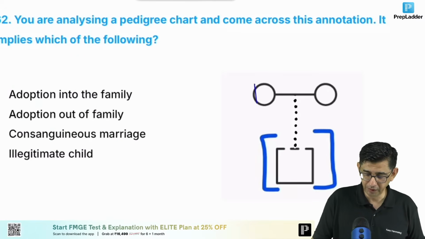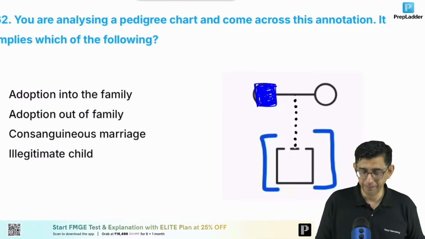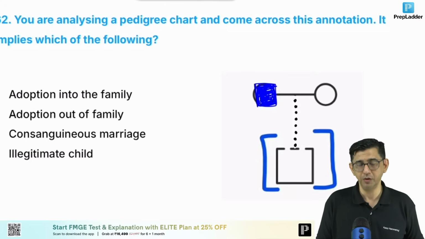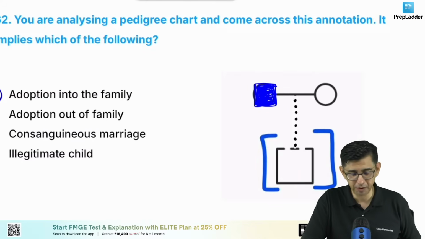In this particular case, the adoption part is there, but should we be saying adoption out of the family or into the family? The dotted mention means this is not their original child, it is an adopted child, and the brackets are also present. So the correct thing in this case would be adoption into the family.